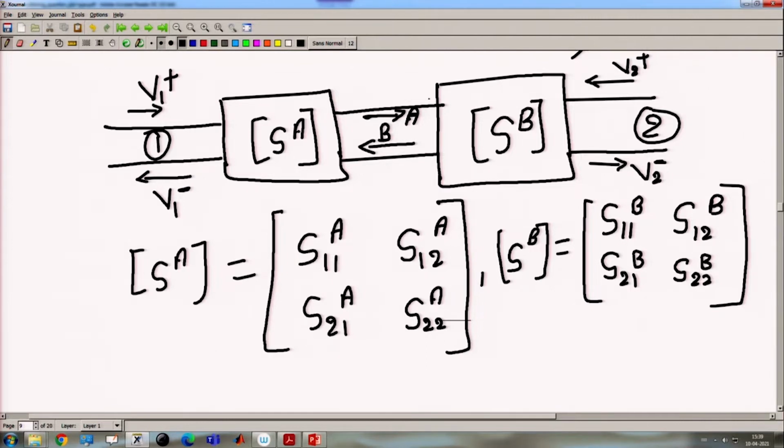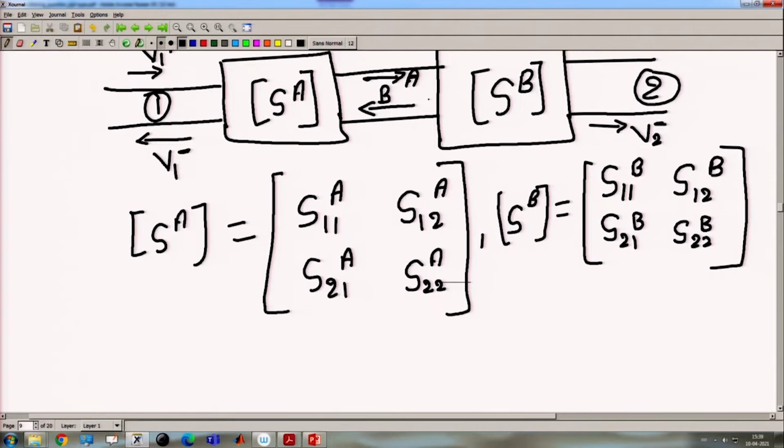For the first network we can write like this. V1 minus is the first reflection and A is the second reflection.